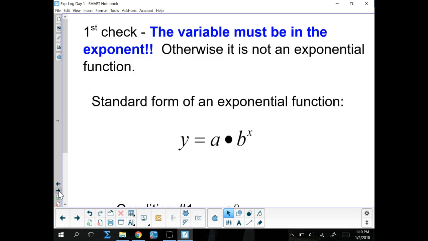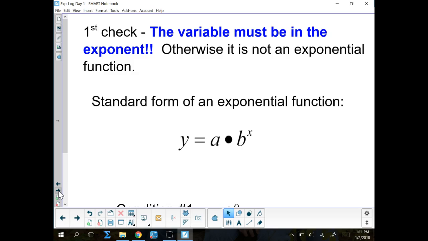Gotta be up there. If it's not up there, it's not an exponential function. y equals 17x cubed is not an exponential function because the variable is not in the exponent. Okay? That's the first check.